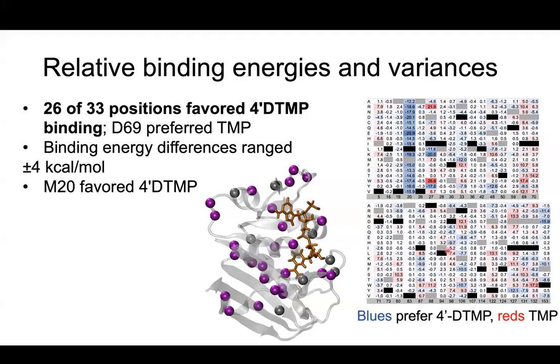By calculating the energy differences, we can check which of the drugs is more favorable. Blues prefer the derivative, the new antibiotic, and the reds prefer TMP, the old antibiotic. We find that 26 of 33 positions favored the new antibiotic.